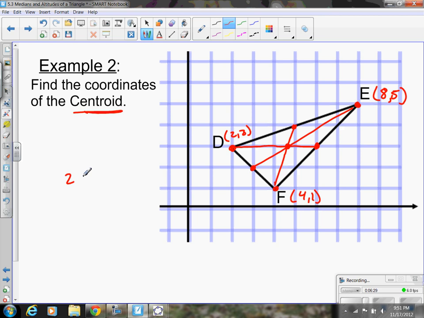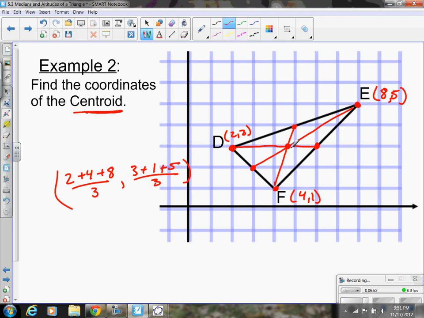So 2 plus 4 plus 8 divided by 3. There's 3 coordinates. So if this was a quadrilateral, we'd have to have 4 numbers divided by 4. Right? That's how we find averages. That's my x coordinate. My y coordinate is 3 plus 1 plus 5 divided by 3.